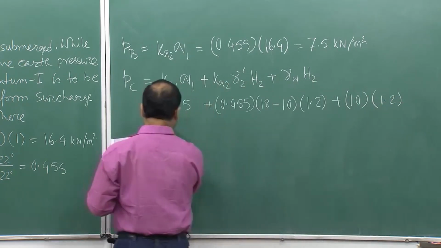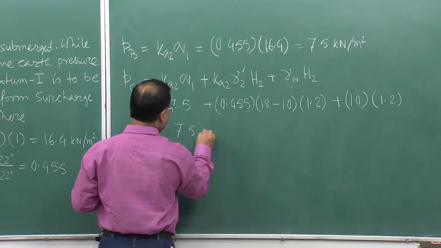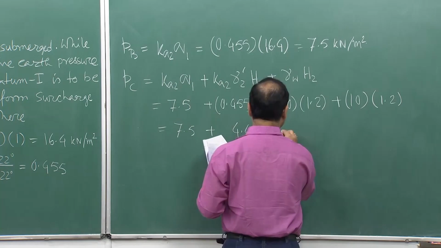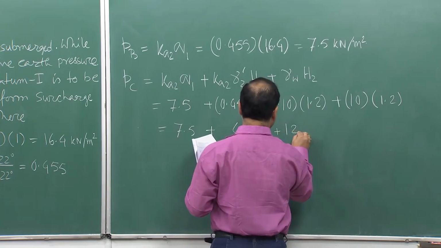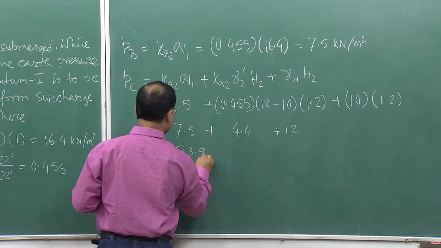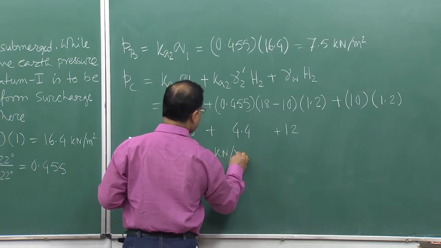So, from this I can get 7.5 plus 4.4 plus 12. So, total is coming 23.9 kilonewton per meter square.